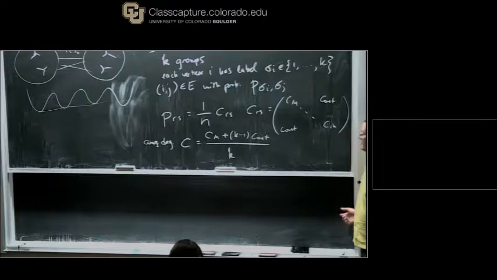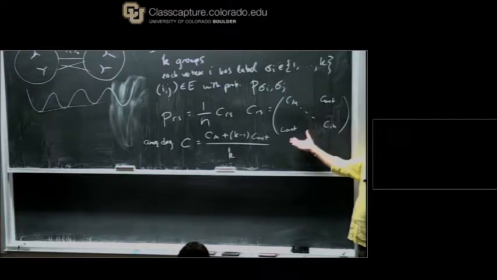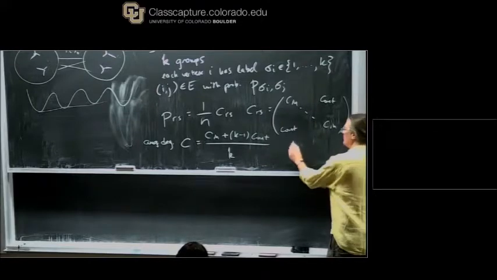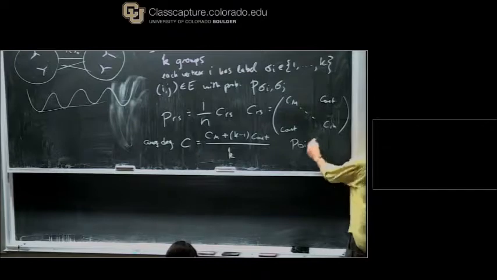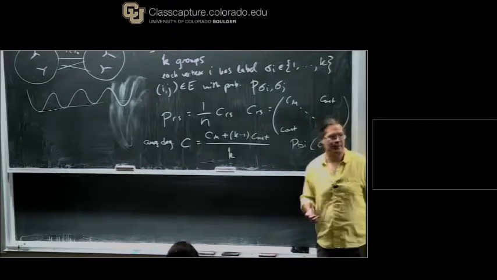And as that gentleman just asked, in this sparse case, the degree distribution, the distribution of your coordination number, will be Poisson with mean C.